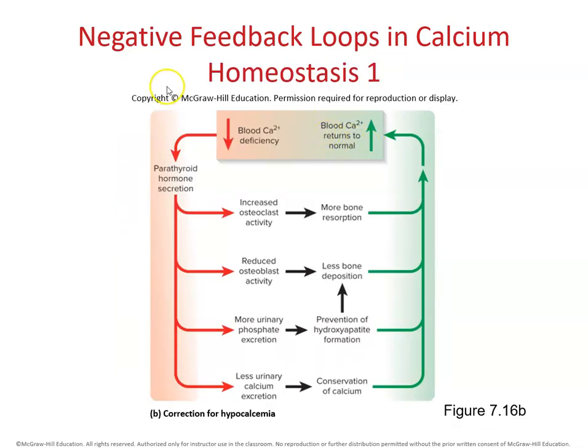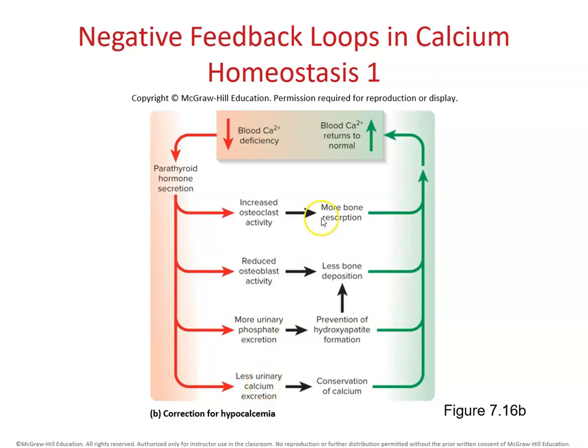If we have the opposite problem, if we have too low of blood calcium, we're going to see parathyroid hormone released. And these are the 4 mechanisms that I told you guys you don't have to memorize, all right? The 4 actions of parathyroid hormone are increased osteoclast, reduced osteoblast, more phosphates excreted in the urine, and less calcium excreted in the urine.